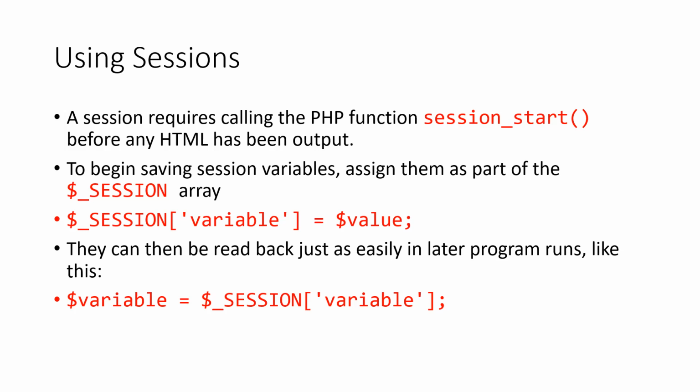So usually we have underscore session, we put a variable name and we insert a value. You can also save it into a variable once you call that within the underscore session.